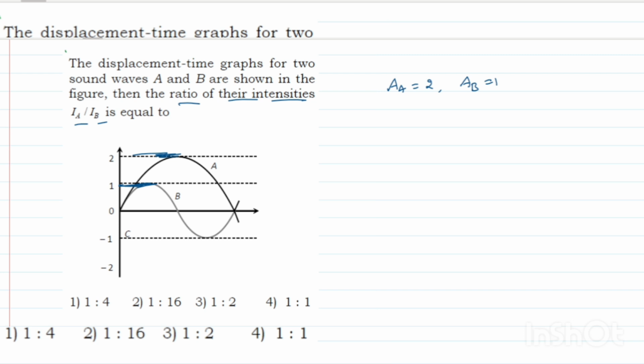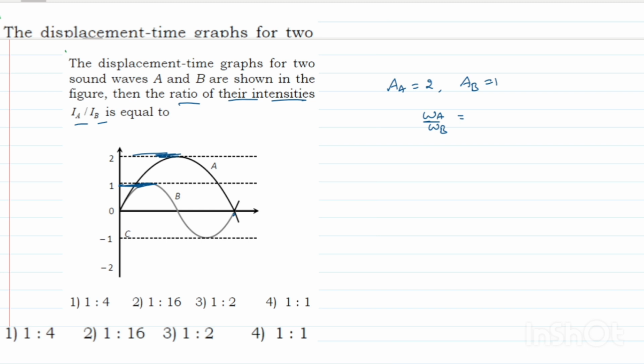here B is going to be completing one wave, and A is going to be completing half of the wave. Or else you can take omega, students. Omega is the angular frequency. Omega A by omega B ratio is the A to B ratio.